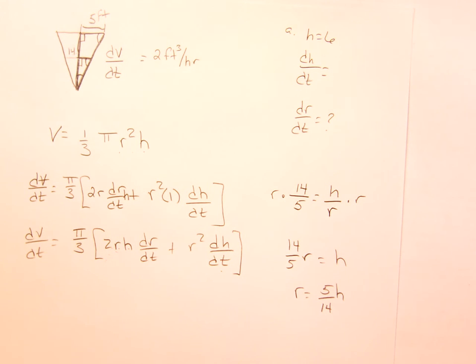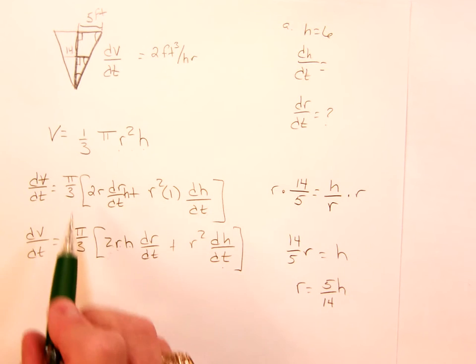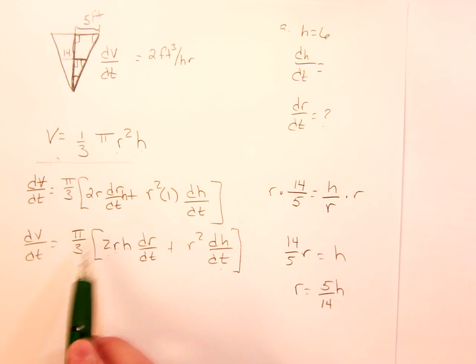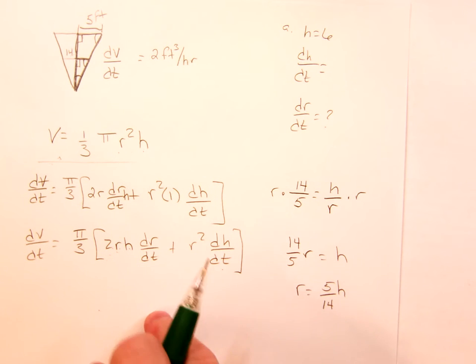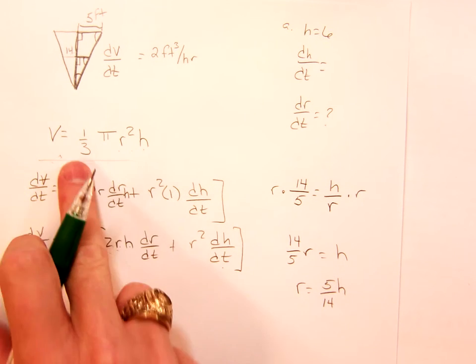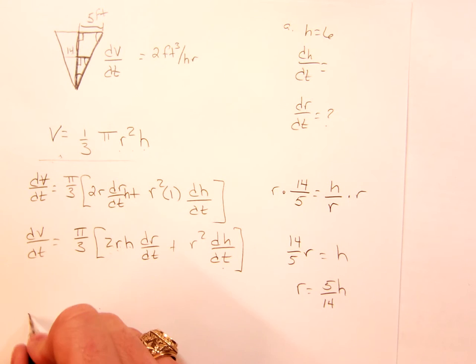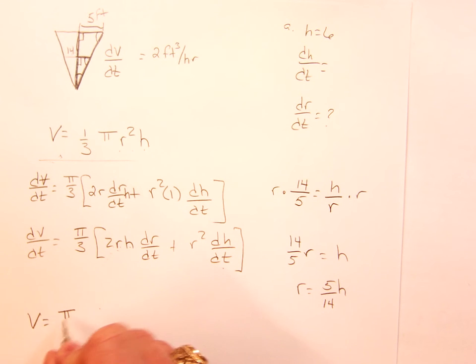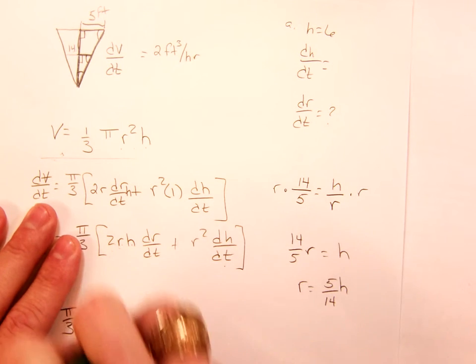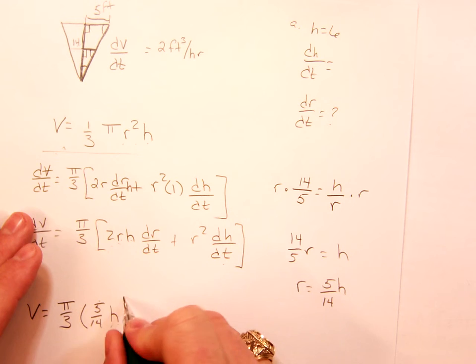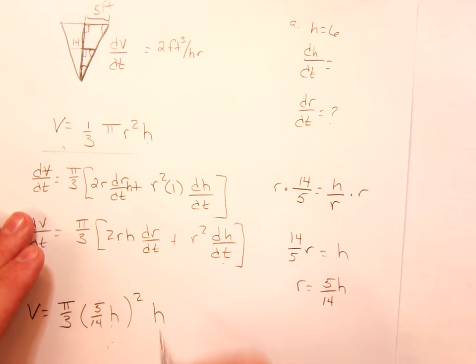Okay, now I'm going to go up to my original. I ask you not to write this down because all I did was expose a problem that we have in it. So now I'm going to go back up to here, and I'm going to say V is equal to pi over 3 times r squared, which is 5 over 14 h, all of that squared, times h.